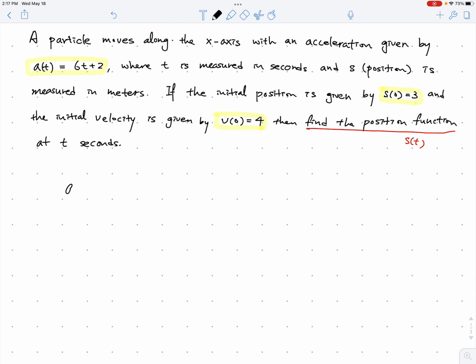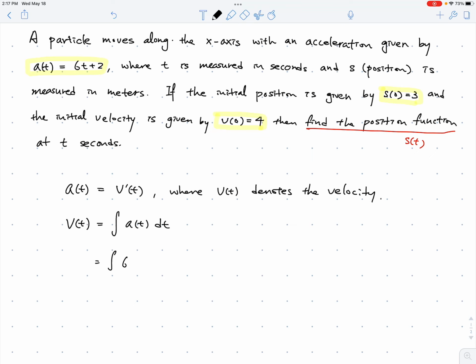We know that a(t) is obtained by differentiating the velocity. Hence, to get v(t), what we need to do is to integrate f(t). And f(t) is given, which is 6t + 2. So we find its antiderivative.